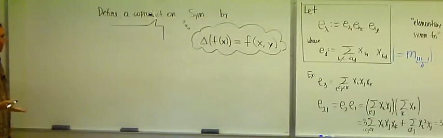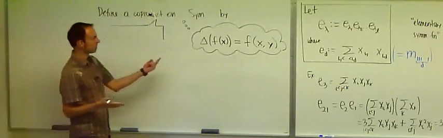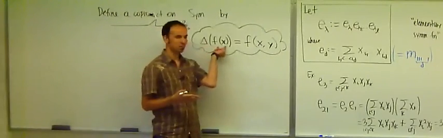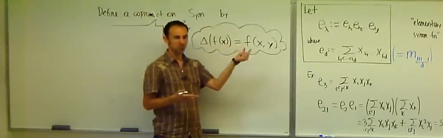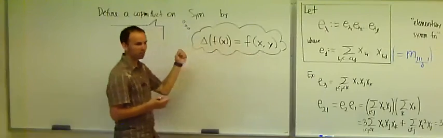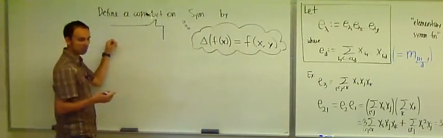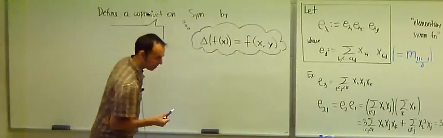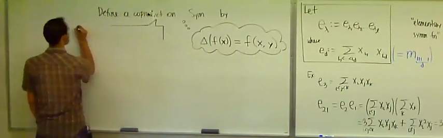But that doesn't really make sense as a definition, because you know that the coproduct needs to map symmetric functions to symmetric functions tensor symmetric functions. And so let's write down a little bit more precisely what I mean here. So what I mean is the following.